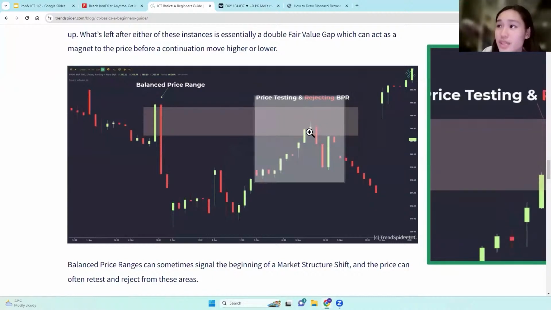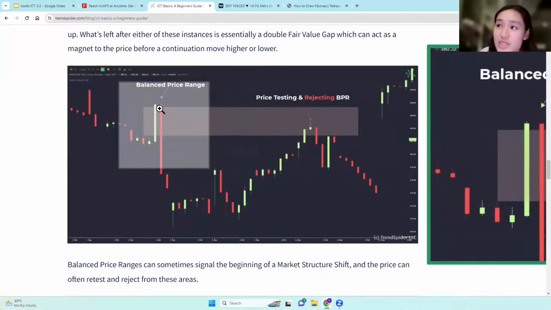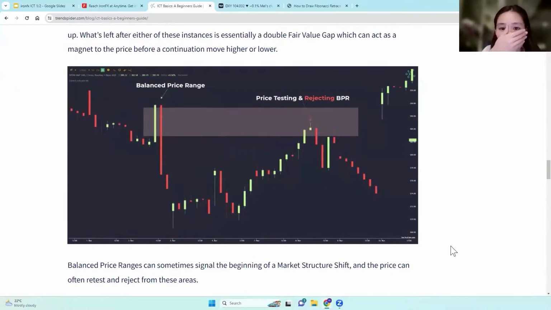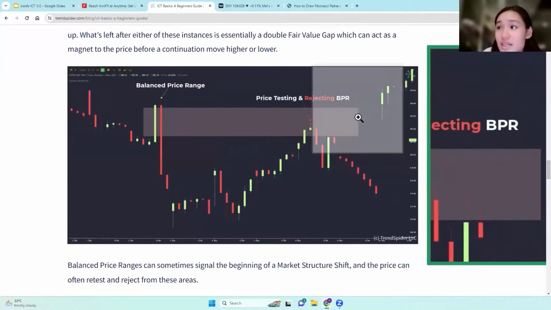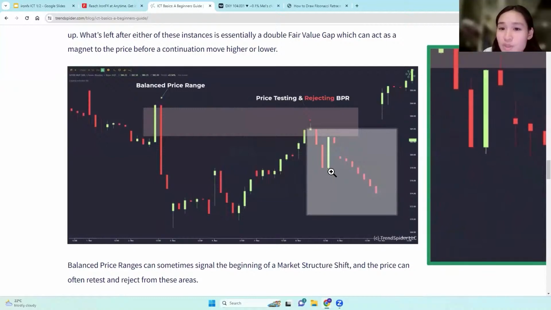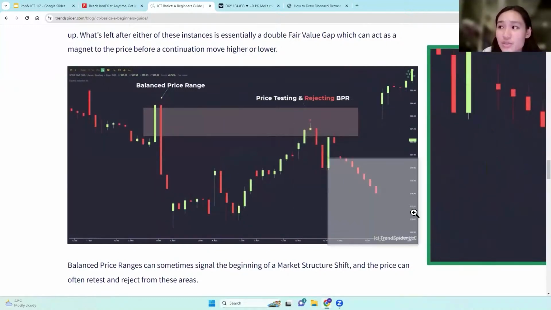So it's just basically where the price is reversing off of that same level as before, the same resistance level as before. And the reason why we are highlighting this entire area is because that's where we see price being attracted to. So it tends to be attracted to such areas and then reverses off of it.